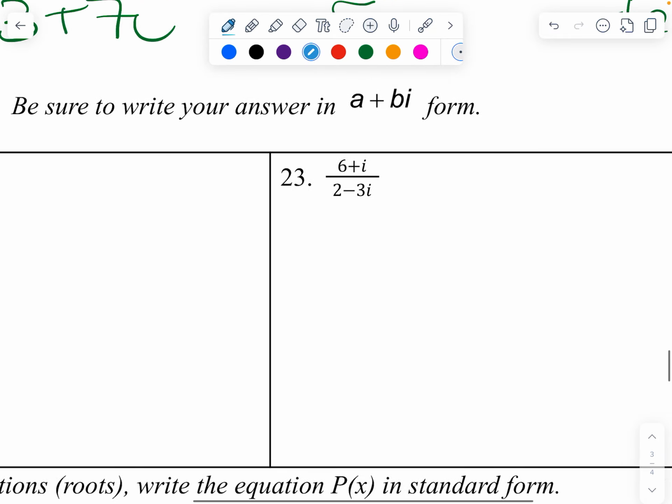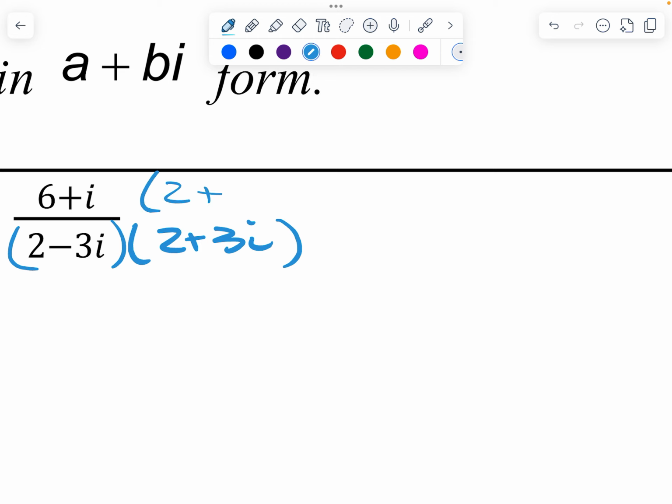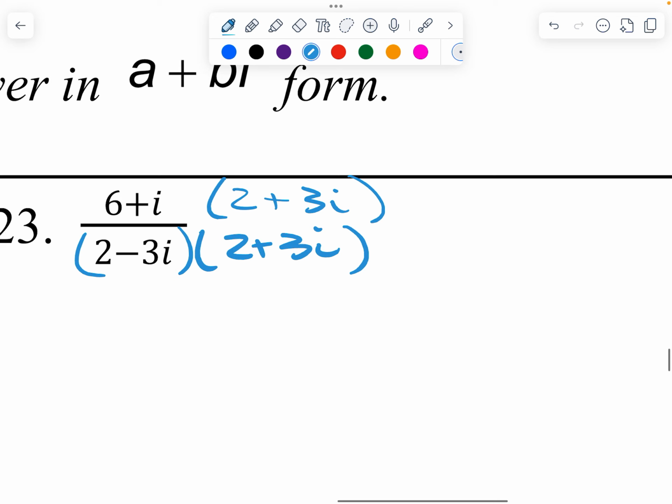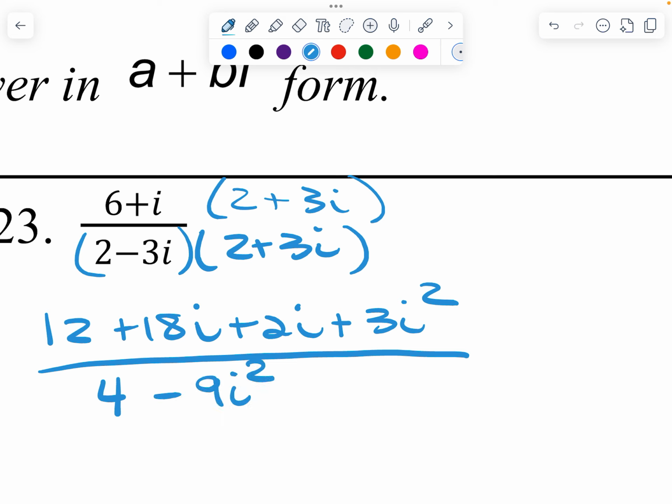Okay, and then this one, I multiply top and bottom by 2 plus 3i. When I do that, on top I'm going to get 12 plus 18i plus 2i plus 3i squared, all over 4 minus 9i squared.